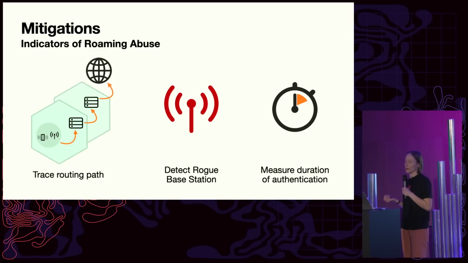So we thought that it could be possible to just measure the time of the authentication, since in a roaming scenario there are more steps involved, so the authentication might just take longer. But in reality, yeah, we had some timing measurements and they didn't show a significant difference between a roaming scenario and a non-roaming scenario. This might also be due to routing decisions, since routing can be different.